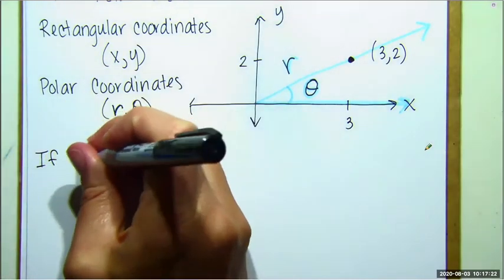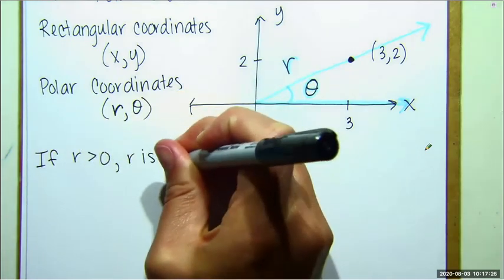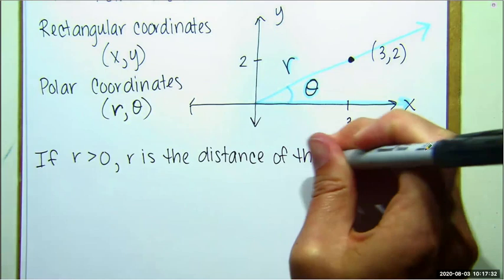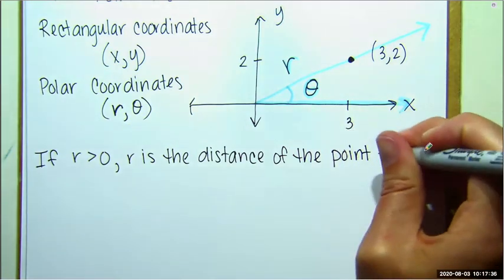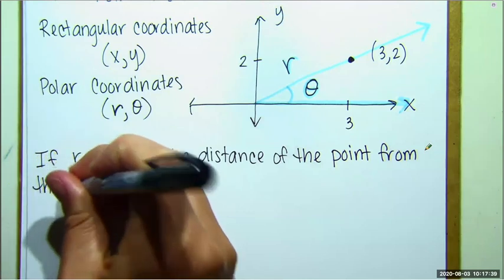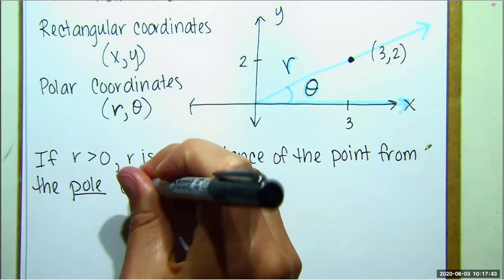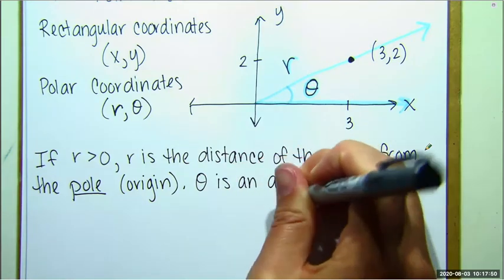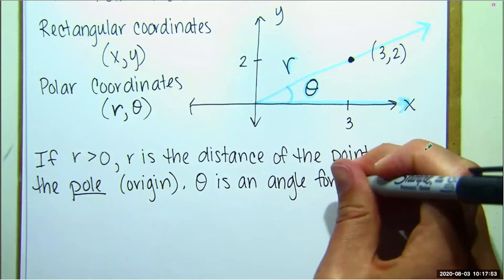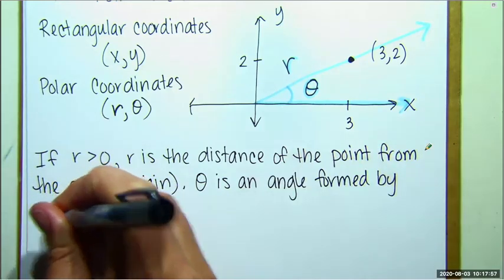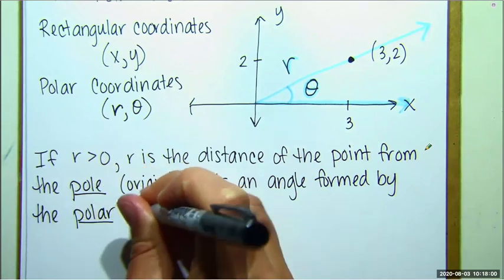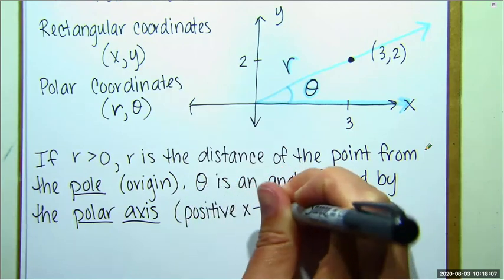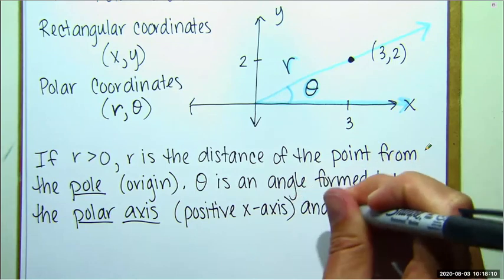So if r is greater than 0, r is the distance of the point from the pole, and we're going to use the origin as our pole. Theta is an angle formed by the polar axis, and we're going to use the positive x-axis for our polar axis, and a ray through the point.